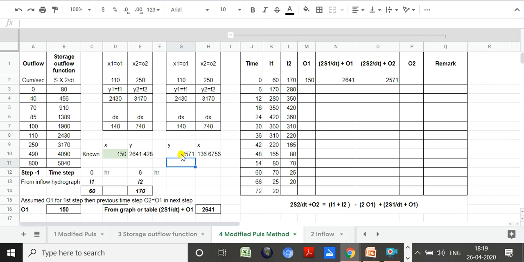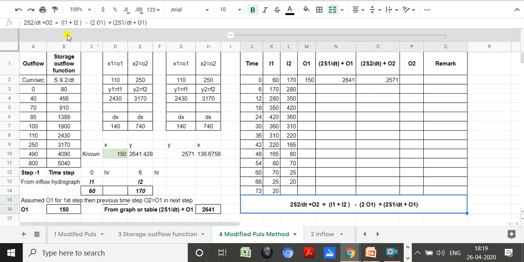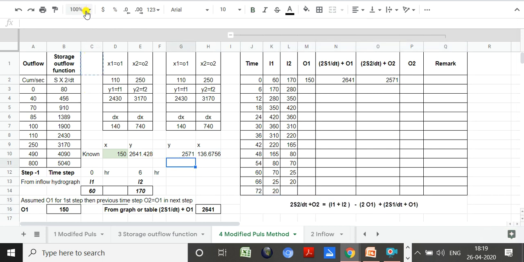For this value of 2S2 by dt plus O2, the corresponding O2 value for the first step is 137.